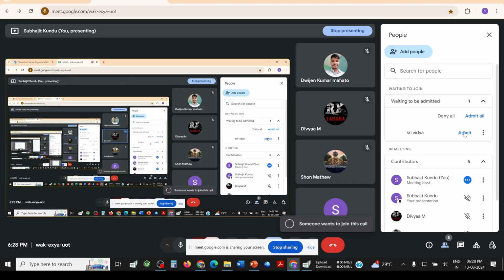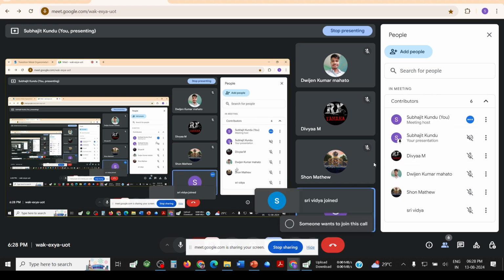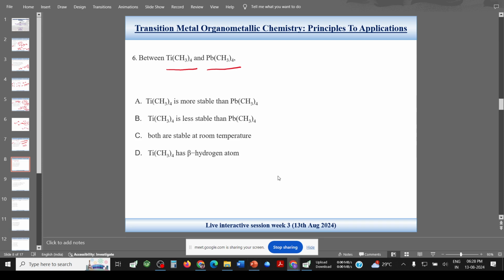B. Okay, so tetramethyl titanium is less stable compared to the lead. Why? Yes, option B is correct. So due to the energy of d orbitals, the higher energy of d orbitals.